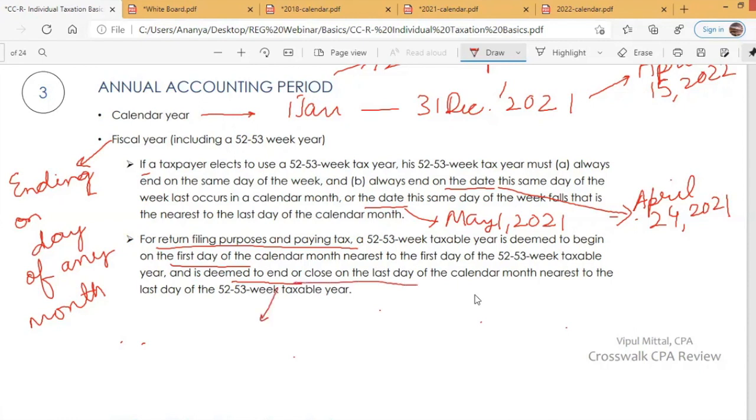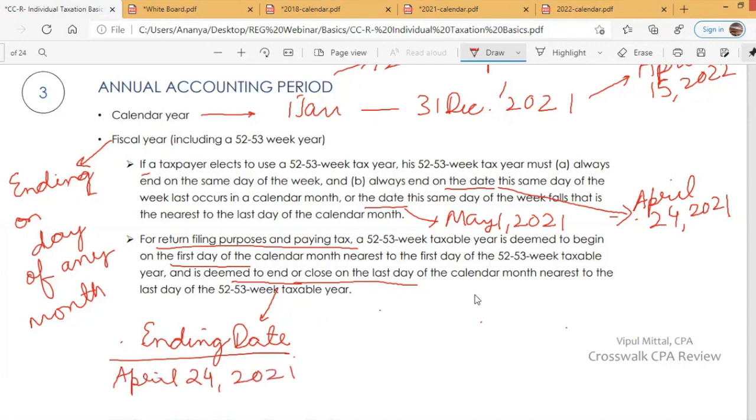So for return filing purposes, we are concerned about the end of the tax year. If your tax year is ending on April 24th, 2021, then for filing purposes, your tax year is ending on the last day of the calendar month that is nearest to April 24, 2021.